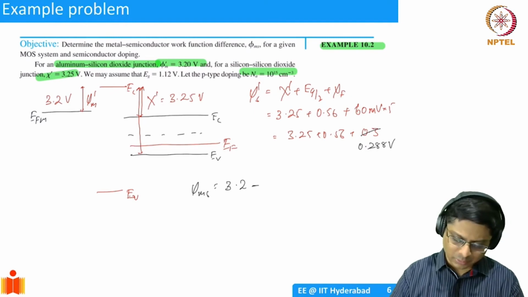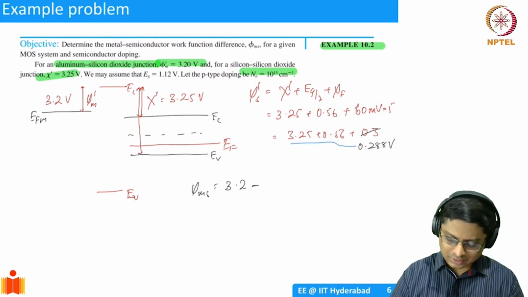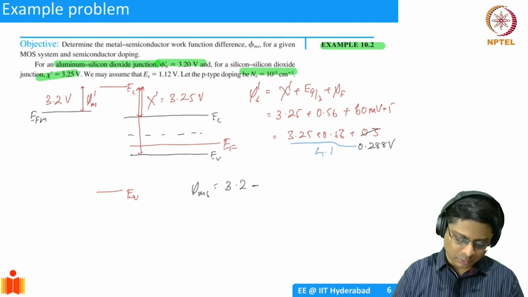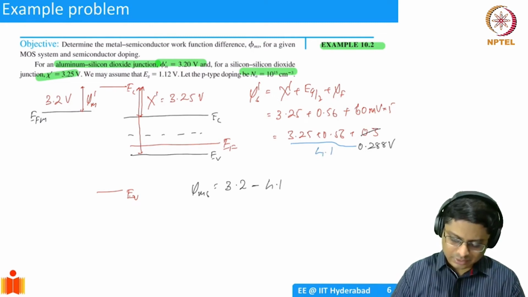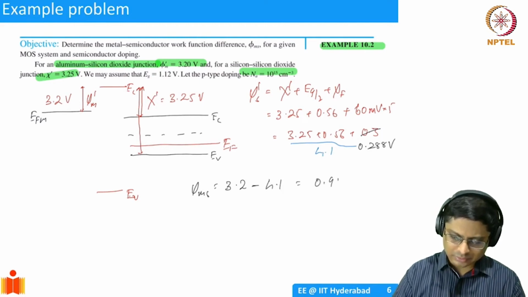I think it should be roughly 4.1. So 3.2 minus 4.1. You just verify this carefully. That should be roughly minus 0.9 volts.